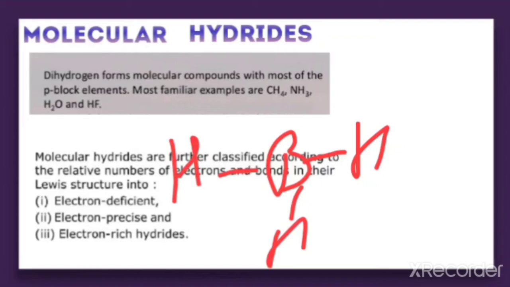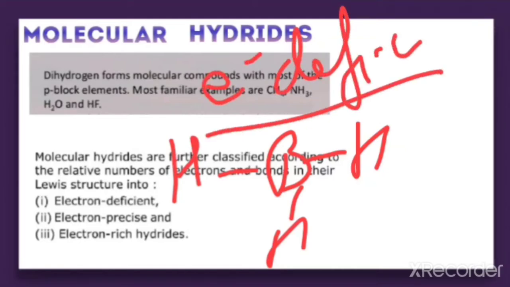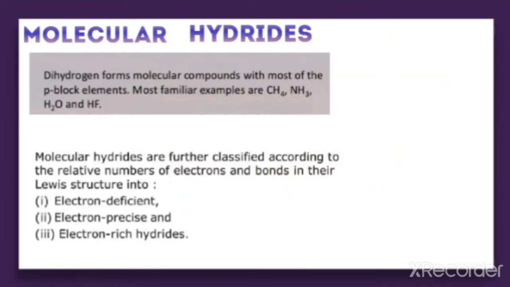Here the central atom is not satisfied because the octet is not complete. So there is a deficiency of electrons, and we can say it is an electron deficient species. This type of hydride is called electron deficient. BH3 is an example of an electron deficient hydride.